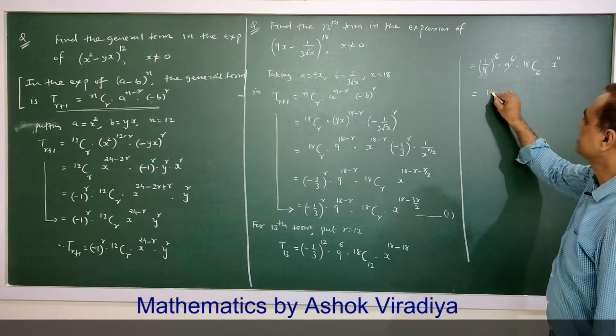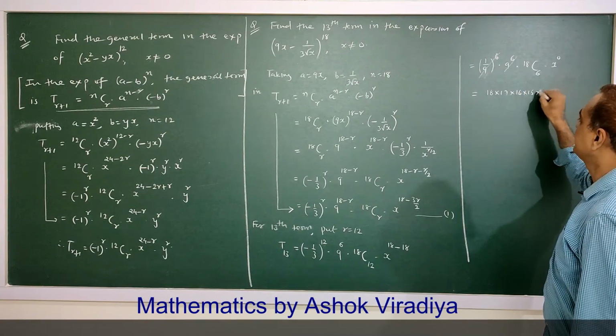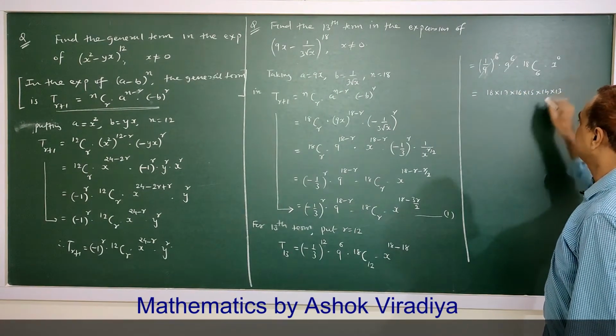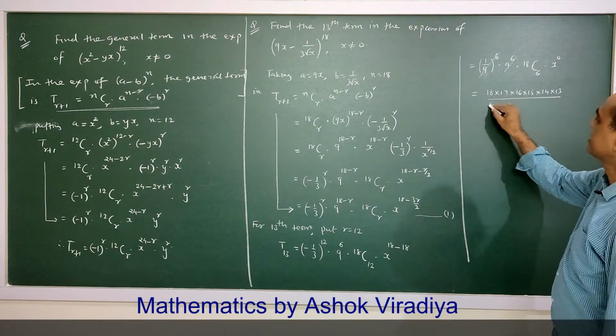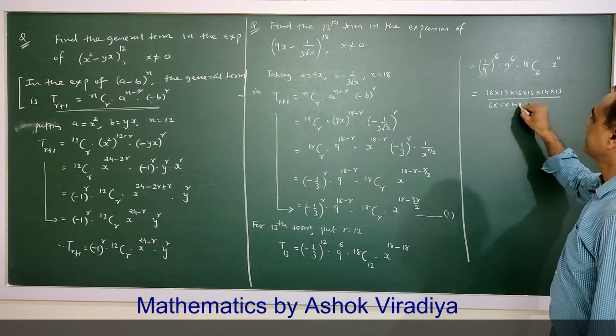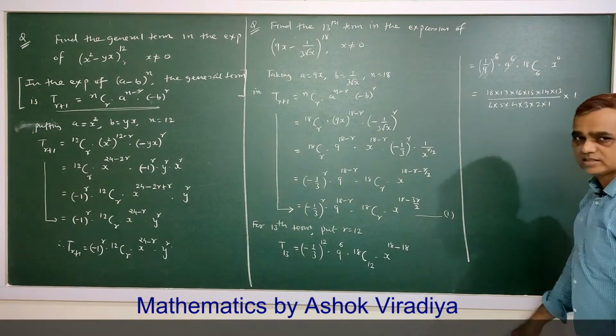18C6 is 18 into 17 into 16 into 15 into 14 into 13 upon 6 into 5 into 4 into 3 into 2 into 1. This is 1.